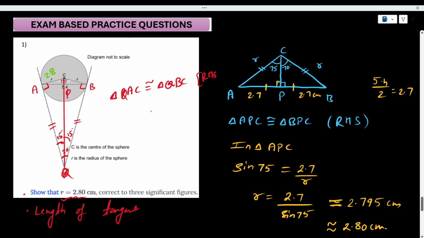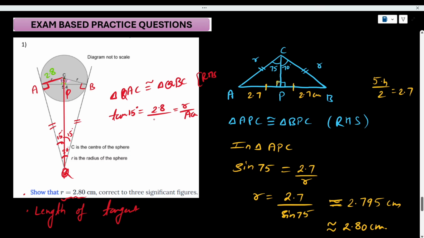So what trigonometric ratio can I use to find this? Remember QC is going to be the hypotenuse, because it is opposite to 90 degrees. To find the AQ length, you will use tan: tan 15 degrees, opposite is 2.8, the radius R, and adjacent is AQ.